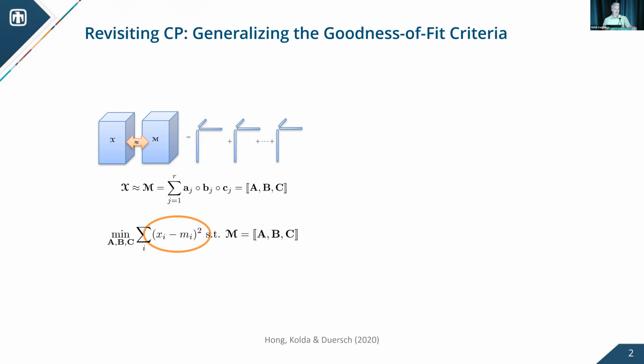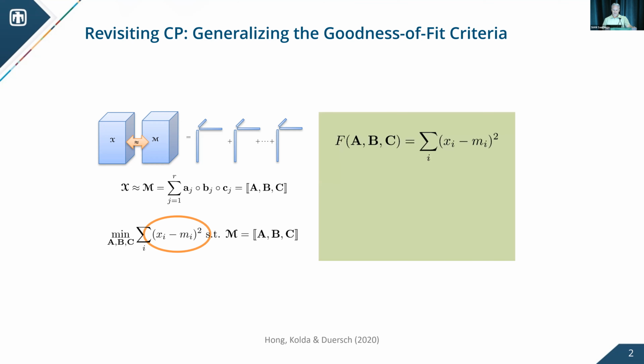And so we see that this is a specific form of our goodness of fit function that we're going to use in our minimization problem. And that has some specific meaning in a statistical sense, and we'll get to that in a second.